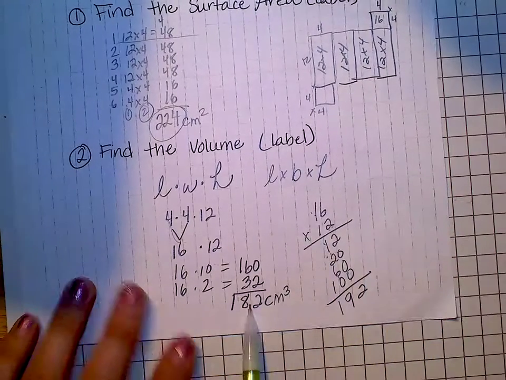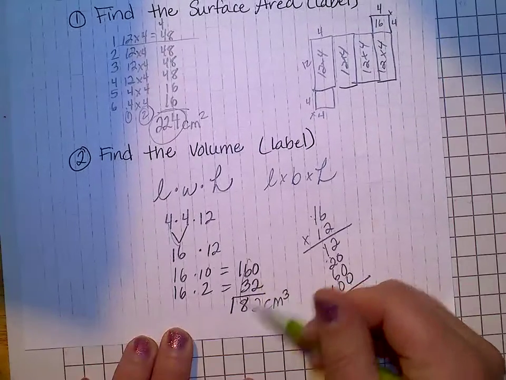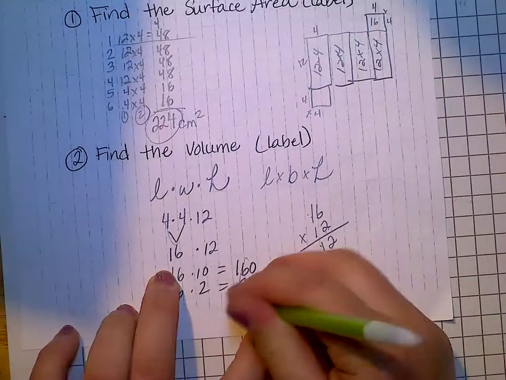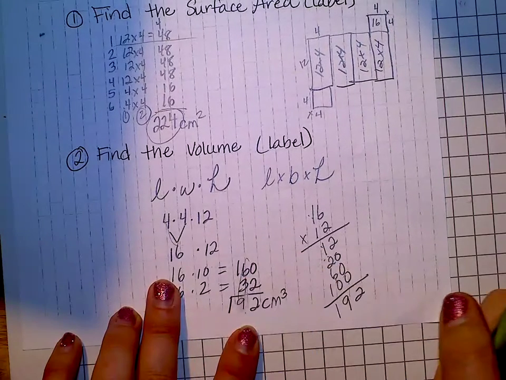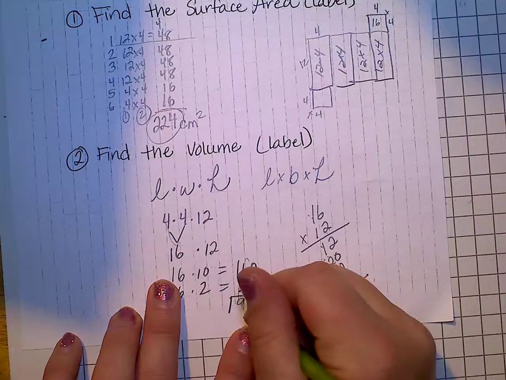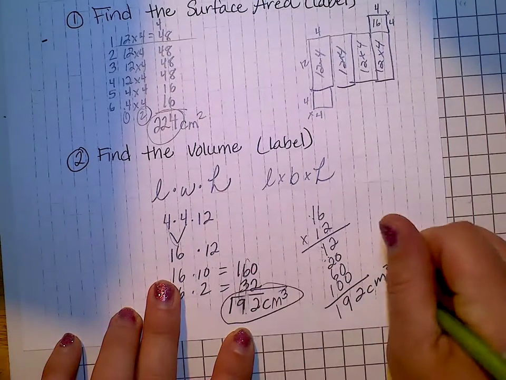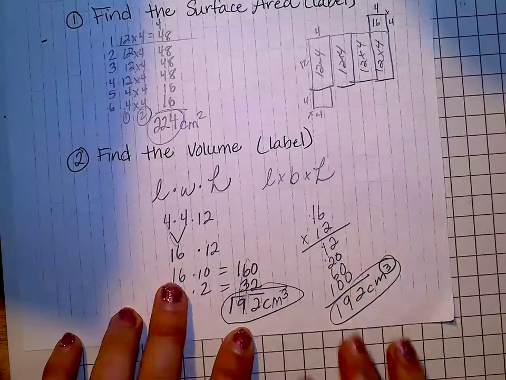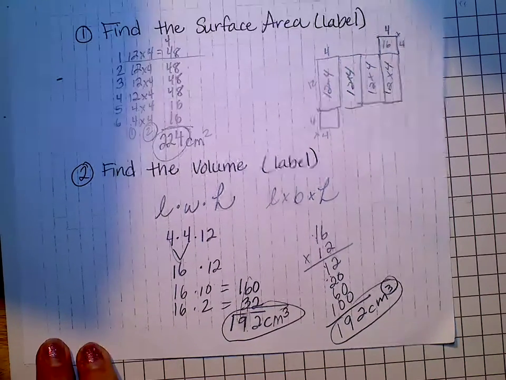Oh, duh, I can see. Do you see what I did wrong? Look at that. 6 plus 3 is not 8, and I know that. It's 9. Oops. 9 centimeters cubed. Checked my work. All right, you're good to go. Day 2 down.